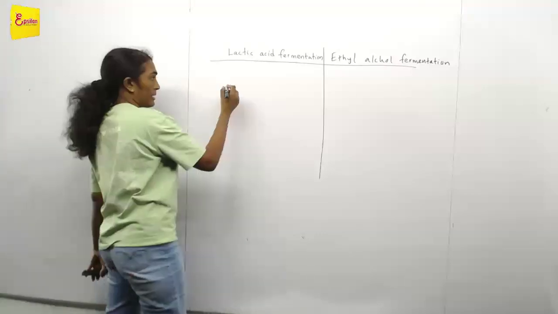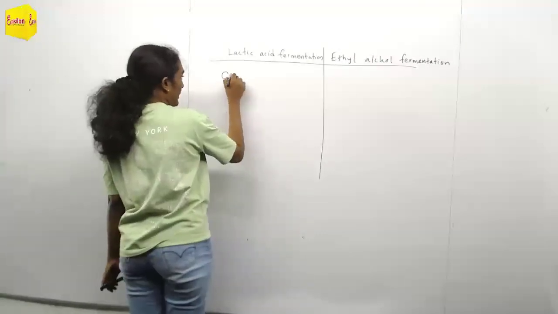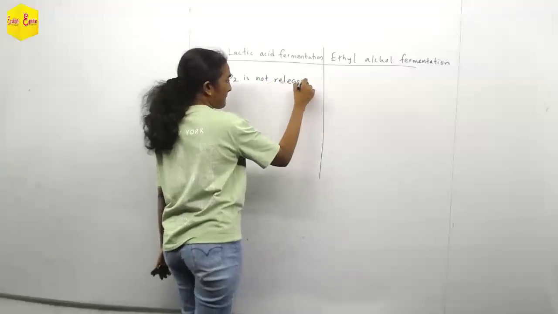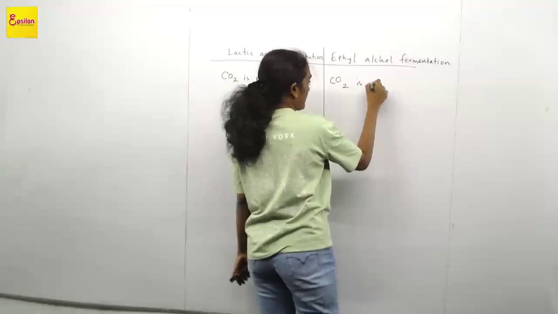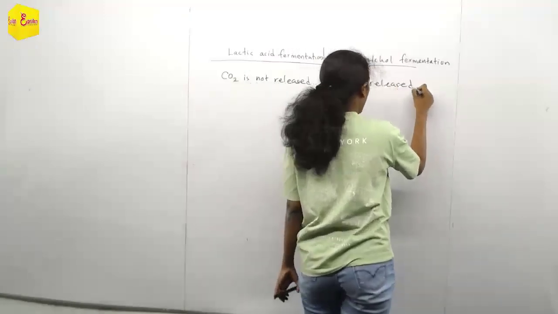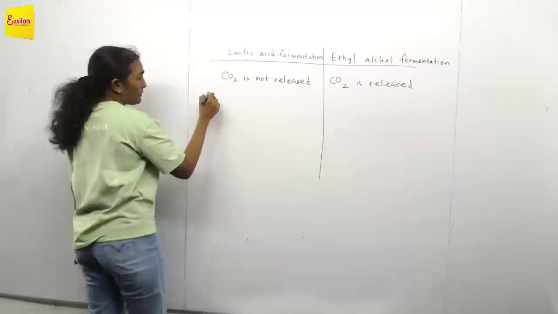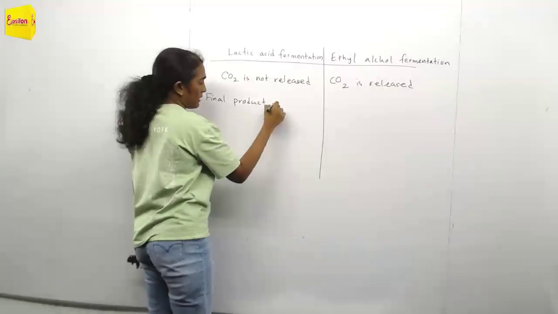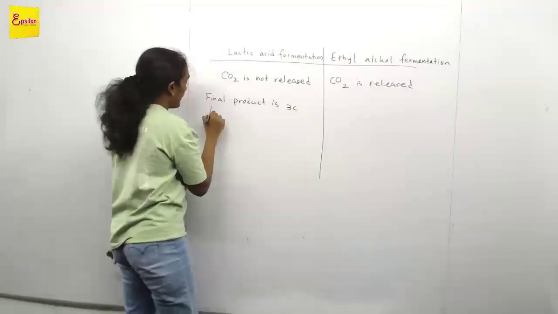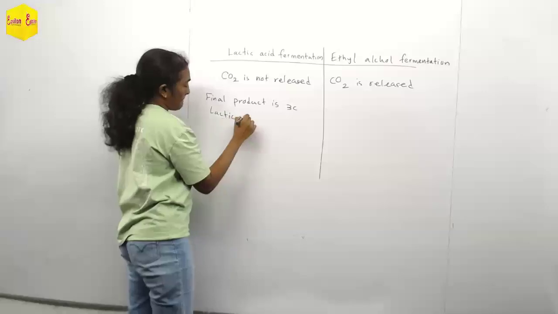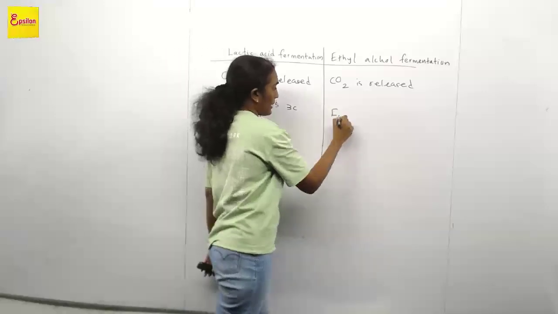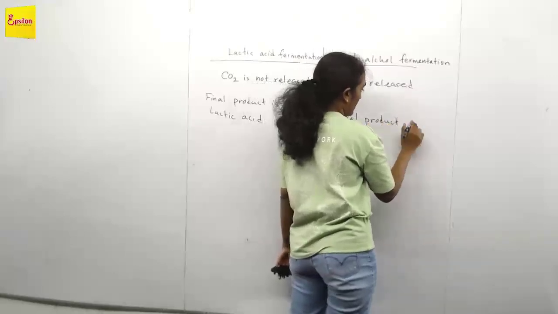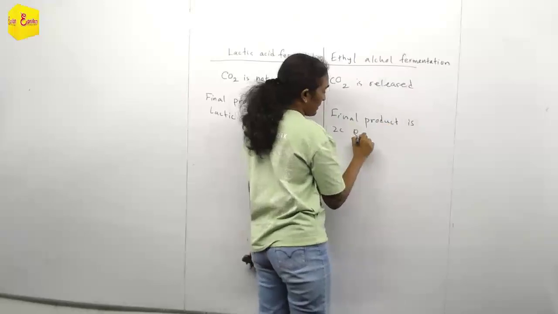Carbon dioxide is released here, but in lactic acid fermentation carbon dioxide is not released. CO2 is produced, you can also use. Then the final product is 3-carbon lactic acid. Here the final product is 2-carbon ethanol.